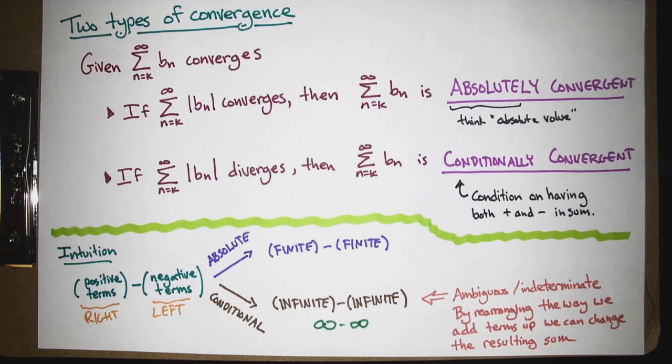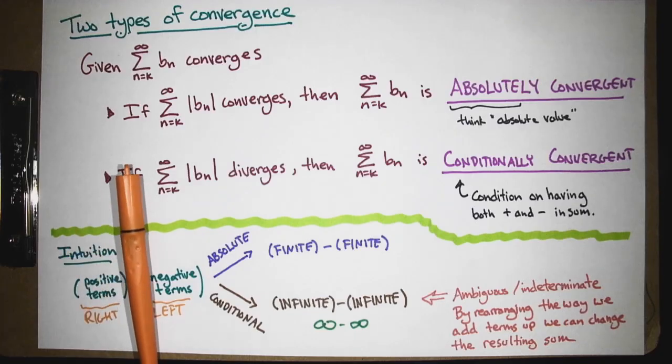Now the crazy thing. Because I move to the right infinitely often and I move to the left infinitely often, I can take a conditionally convergent series and change the order that you add the numbers. I can still add all the same numbers together. There's infinitely many of them, but I change the order and I can change the answer.